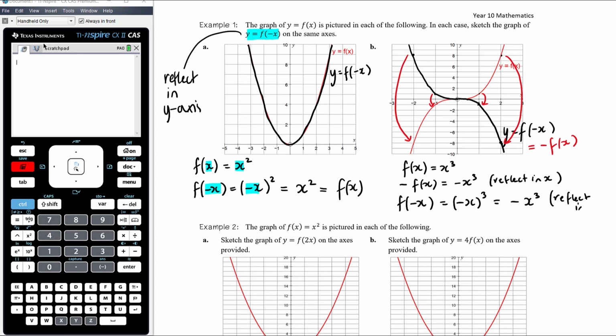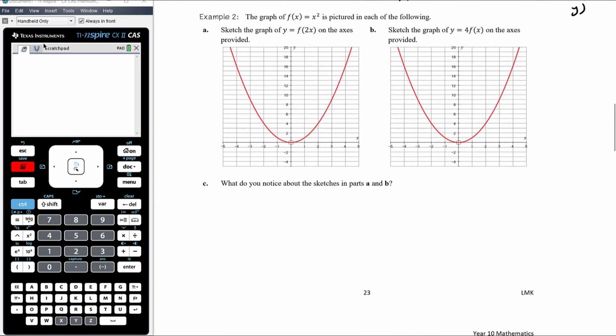So this is the reflection in the y-axis, and what we're seeing here is that these are the same. Okay, and so again, that's why we haven't had to think separately about reflecting in the y-axis when we've just been dealing with quadratics and cubics. Okay, but you saw in the square root graph how we get something different happening, and so we need to be able to start to talk about this as a separate thing.